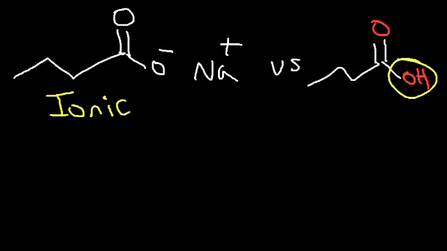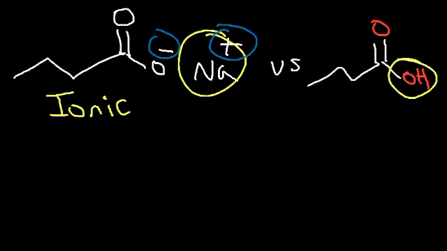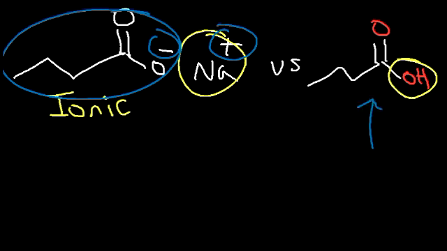Sodium is an alkali metal, and if you know the solubility rules, alkali metal compounds are always soluble in water. Ionic compounds, which have charges, are extremely soluble in water. So the solubility of butanoate is greater than butanoic acid due to the fact that it's ionic.